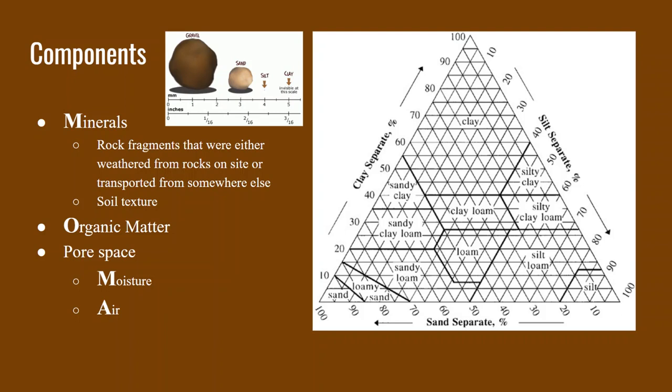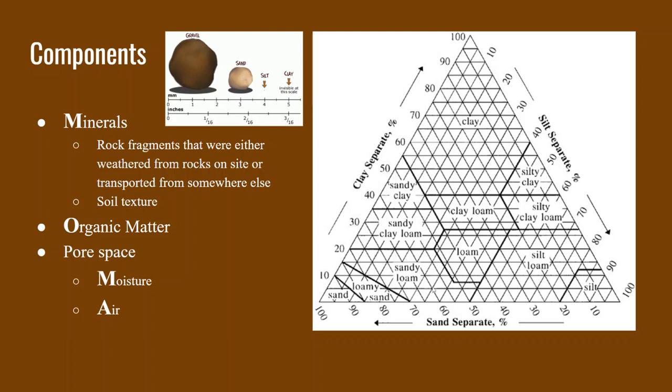Sand is the largest of those three key minerals, with silt following after that, and clay being invisible to the naked eye. Now, using this soil texture triangle on the right of the slide, you can determine the texture type of the soil based on the percent composition of each of the three minerals.